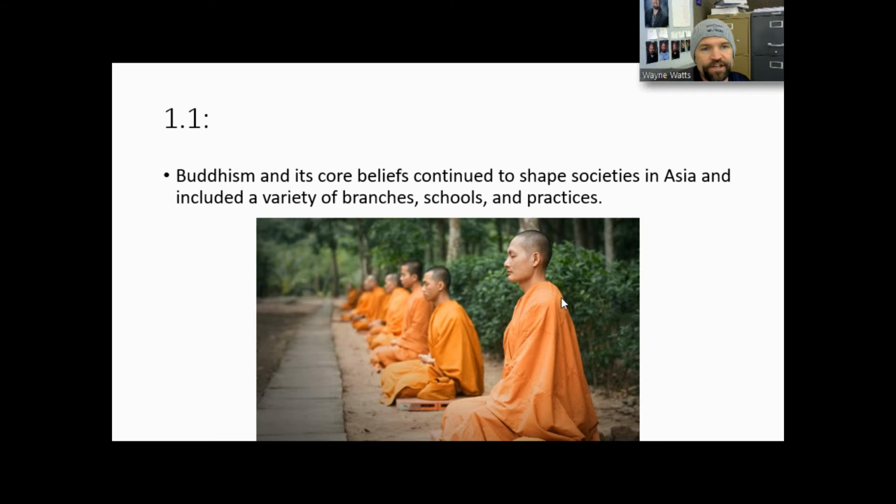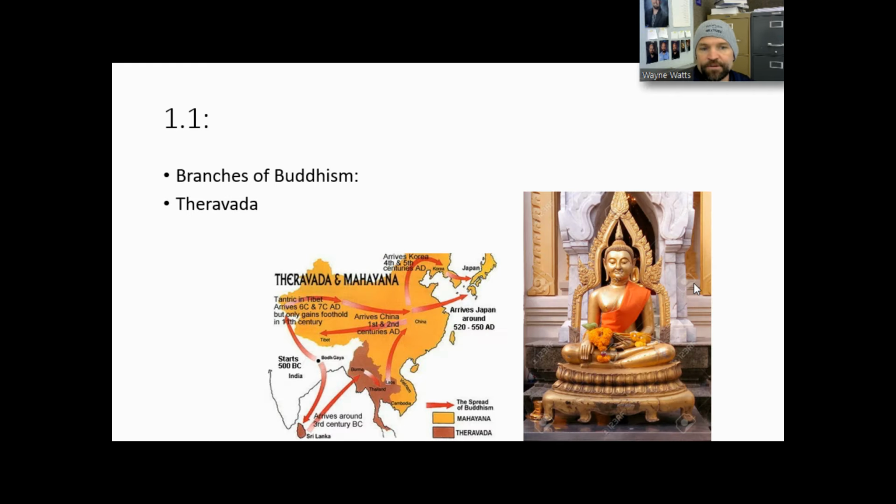Buddhism and its core beliefs continued to shape societies in Asia and included a variety of branches, schools, and practices. Some of the big ideas in Buddhism are self-improvement through meditation and improving reincarnation as people move through lives, as well as meditating. Some of the main branches of Buddhism that affect East and Southeast Asia in this time period are Theravada Buddhism.